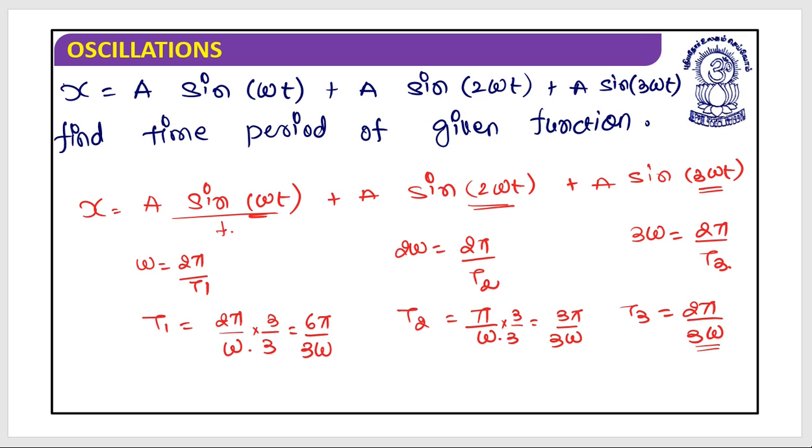So if I relate this, this is t1, this is t2, this is t3, how will we do this? What do you understand from this? What could be done? And when are they going to repeat themselves? How will you do this?